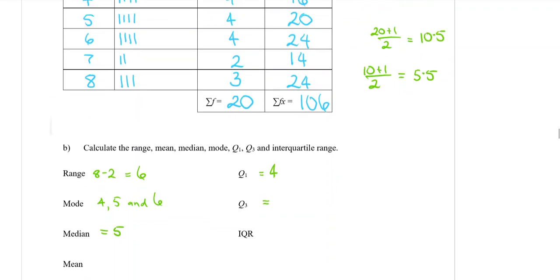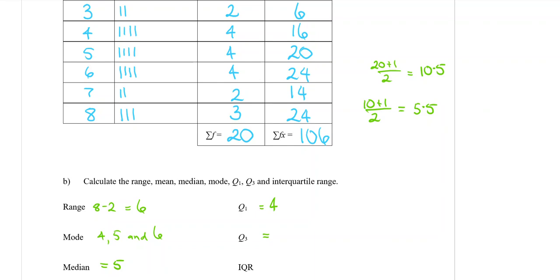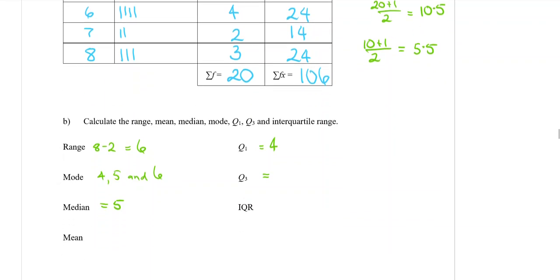The Q3 means we're going to start at the bottom and count 5 and 6 going back up. 1, 2, 3, 4, 5 and 6. They're in 2 different numbers, which means I need to find the middle of 6 and 7. What's the middle of 6 and 7? 6.5. So you can either do that in your head, or I was writing that down as 6 plus 7 over 2, and that's how you get the 6.5 if you're ever not sure.